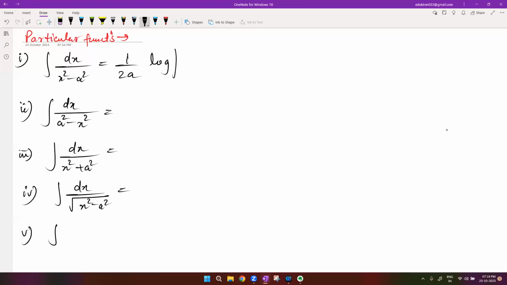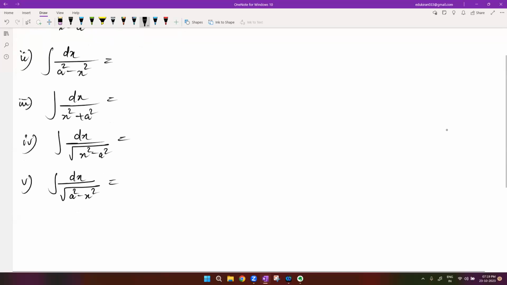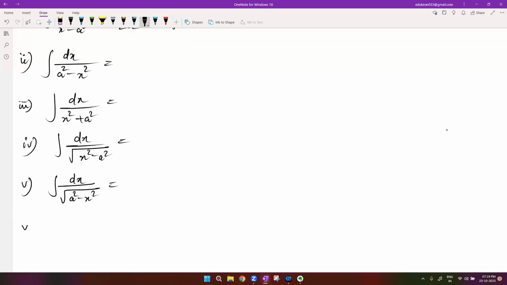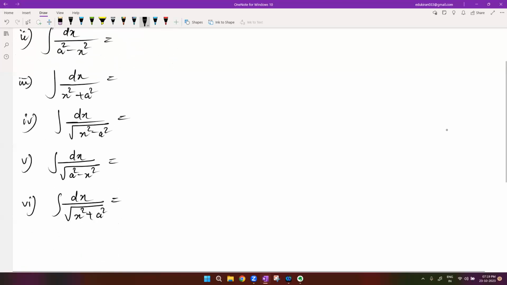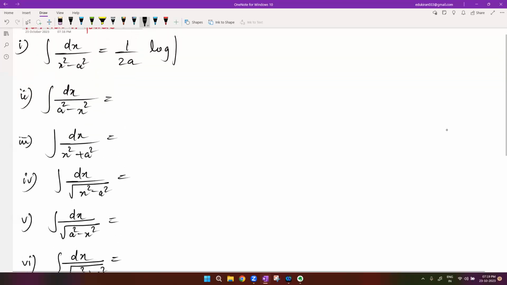Then the fifth would be integration of dx divided by root of a square minus x square. And your sixth would be integration of dx over root of x square plus a square. So first, second, third, and the same will be fourth, fifth, sixth.